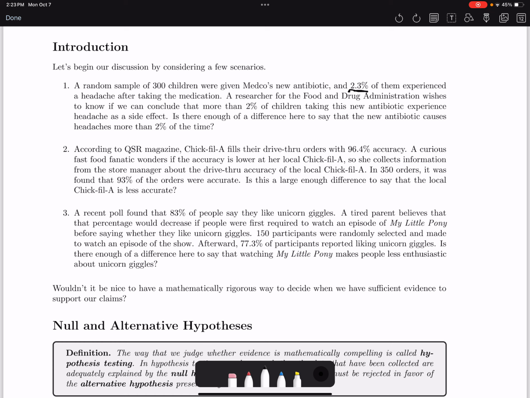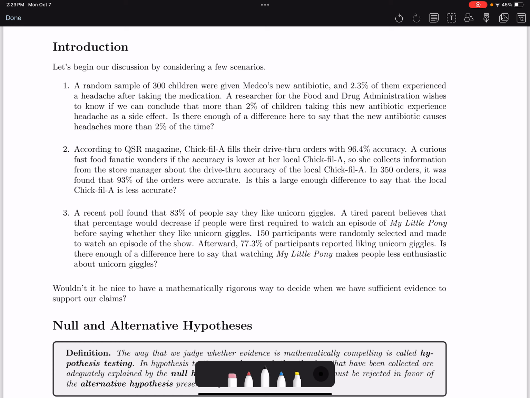So is 2.3% different enough from 2% for us to say for sure that this antibiotic causes headaches more than 2% of the time? That's a question that we're going to learn how to answer, at least partially, in this section. But for now, I think you can see that's a difficult question to answer right away.